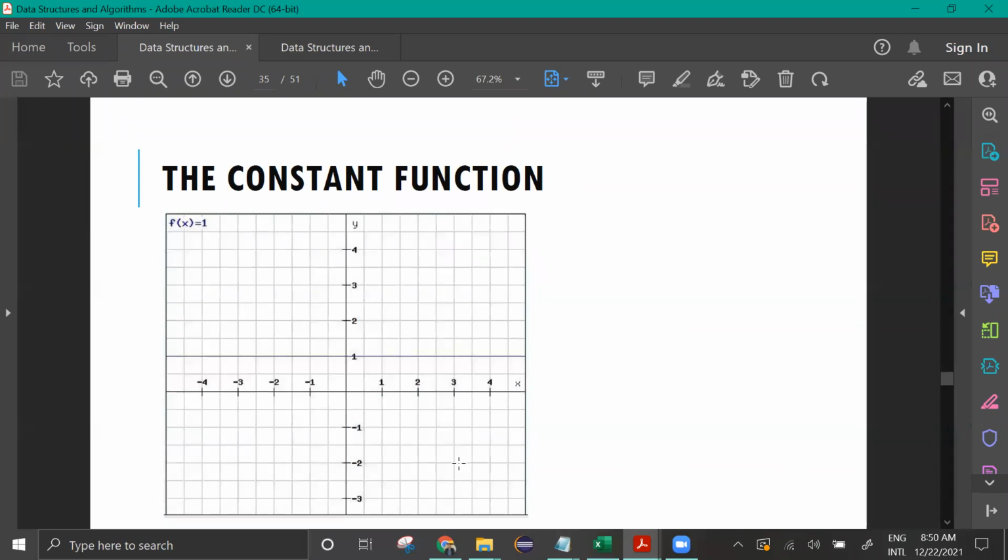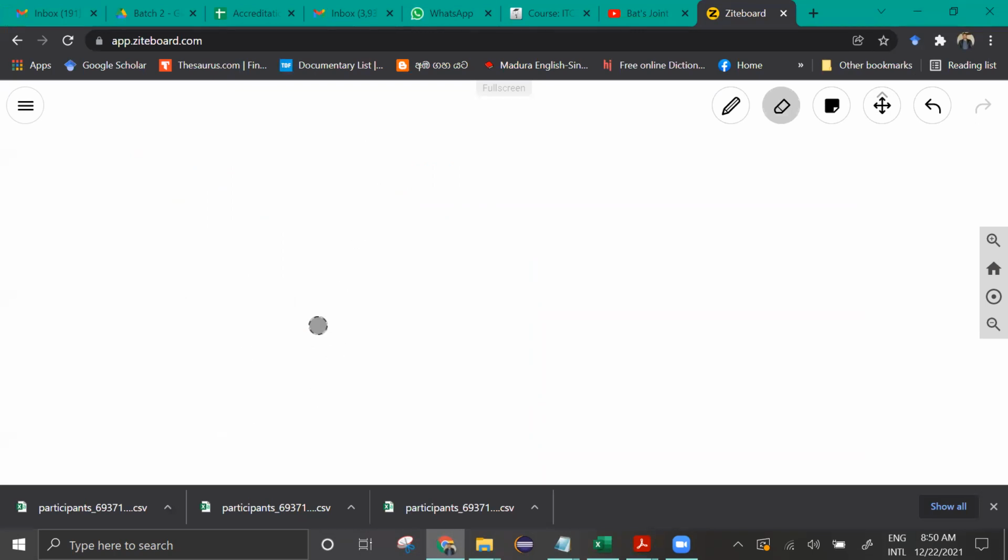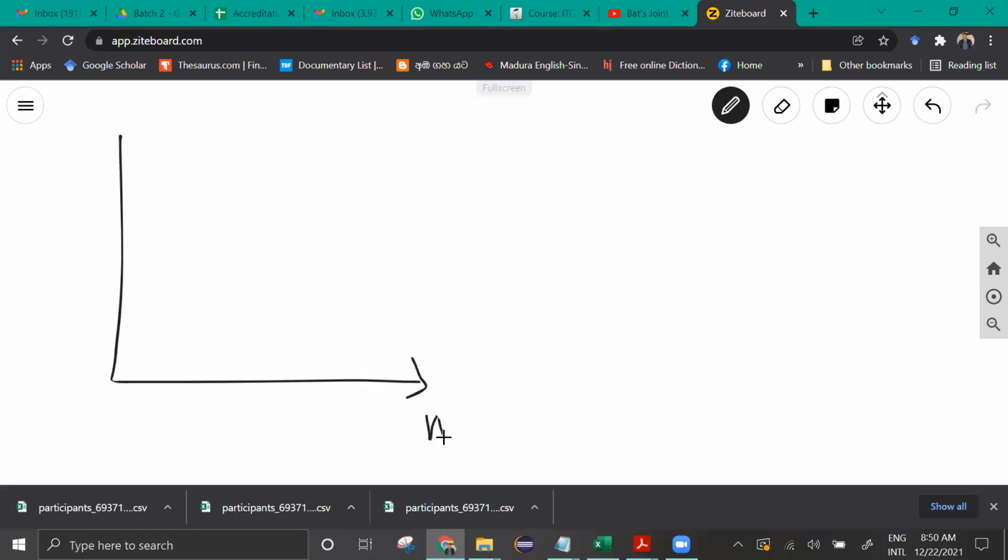When it comes to our algorithms, the input size, so input size usually we use n.